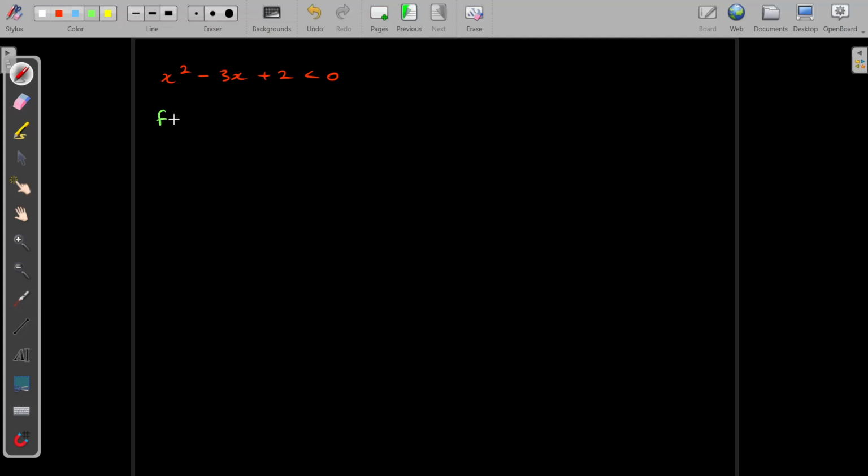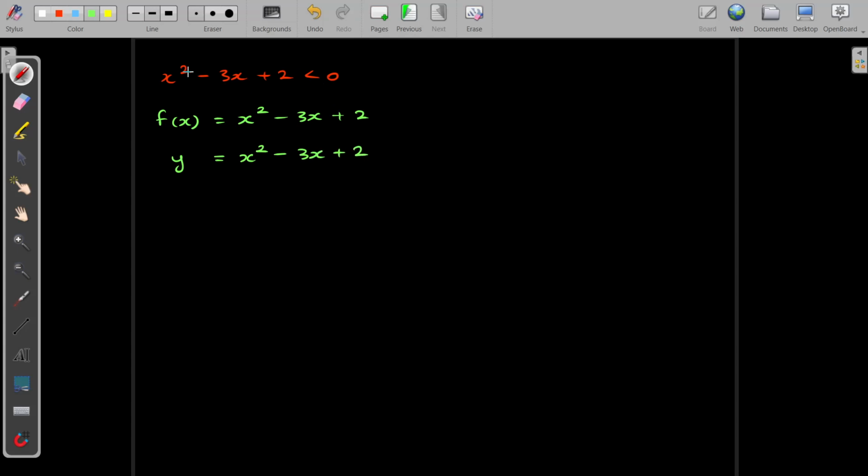So we can say f of x is equal to x squared minus 3x plus 2. Right? We're on the same page. We can see that. Yes, sir. So now another way we can represent f of x is y. So y is equal to x squared minus 3x plus 2.